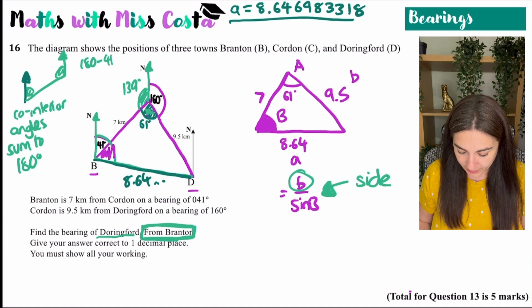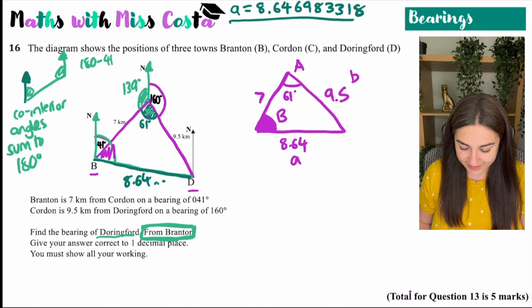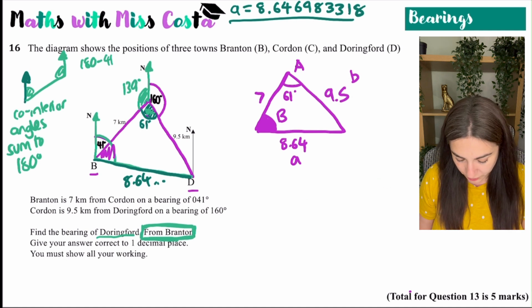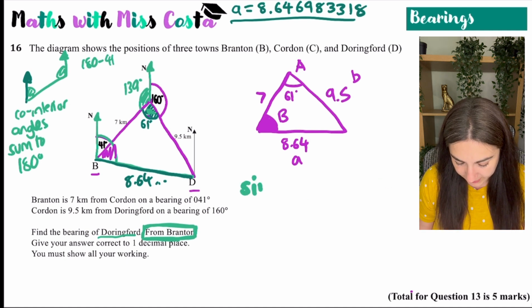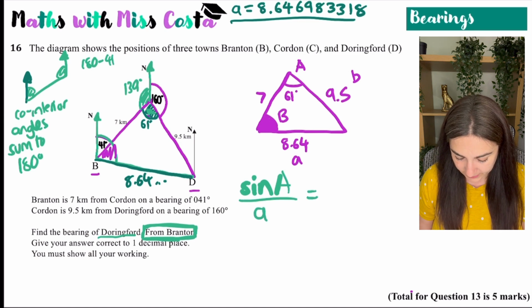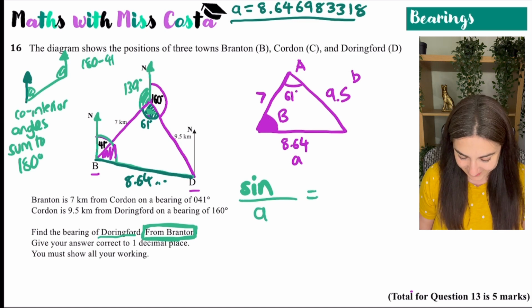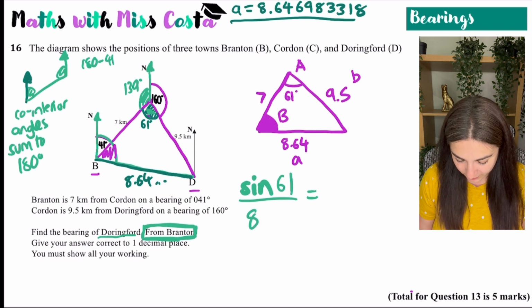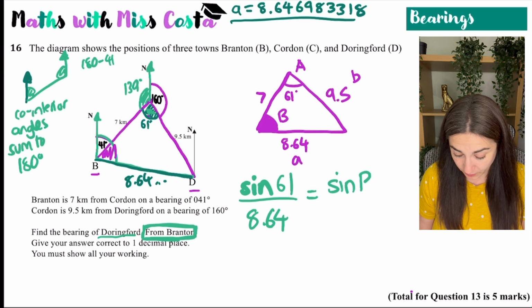So I'm trying to work out the angle, so I'm going to use the second version where the angle is on top. So sine A over a is equal to, substituting, sine 61 over 8.64 is equal to sine B, which I don't know, this here, over 9.5.